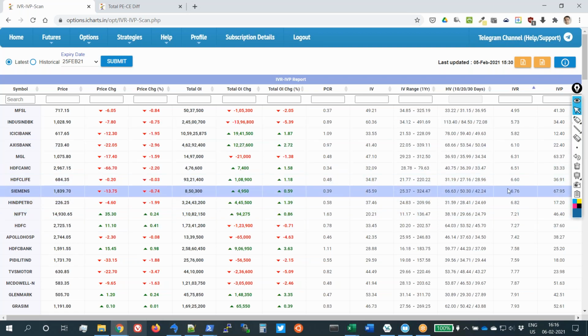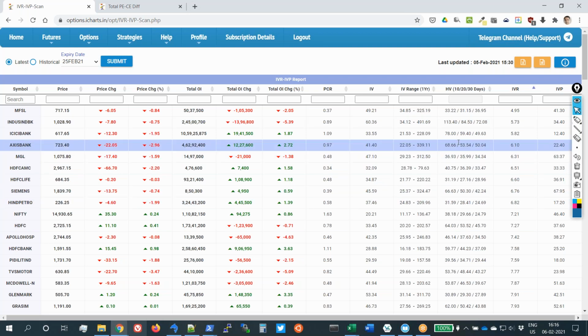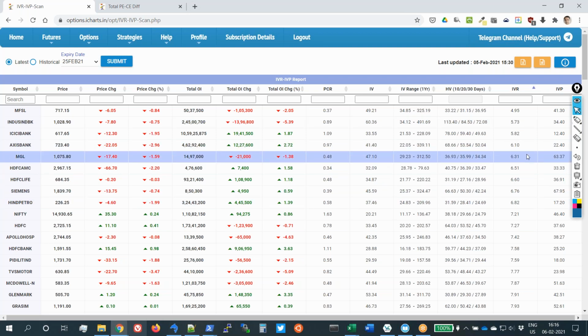So the IVR scan is mainly used for the positioning of positional trades: whether you want to do option selling trades or debit side trades, like buying verticals, or buying calendars or diagonals.